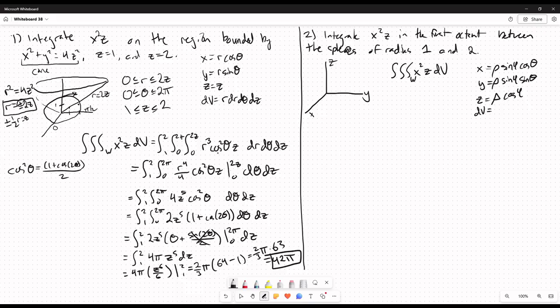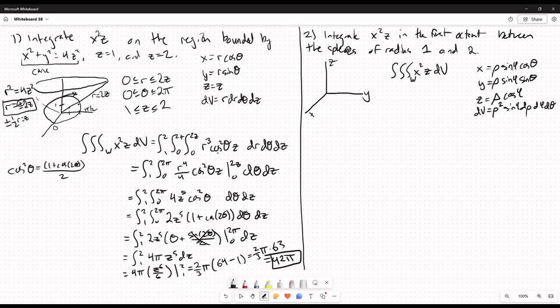And then dv is a little bit more complicated. That's going to end up being rho squared sine of phi d rho d phi d theta. So a little harder to remember, but there you go. And you get that, and this for that matter, by taking the Jacobian of this transformation.